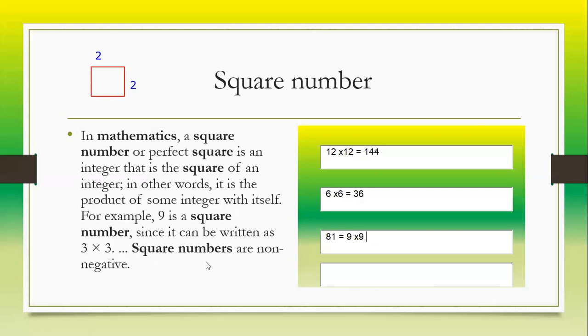So, is 121 a square number, Reagan? 121. Maybe I'm not sure. What do you think?